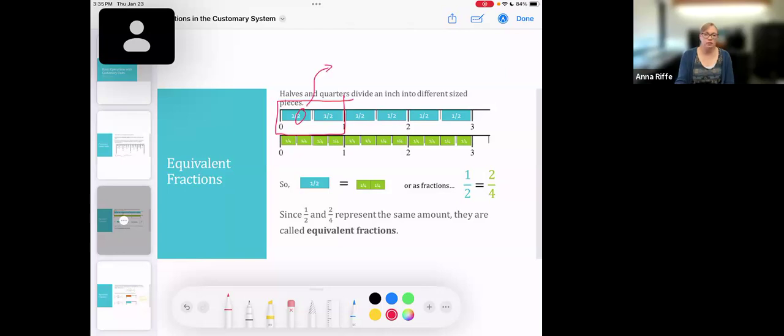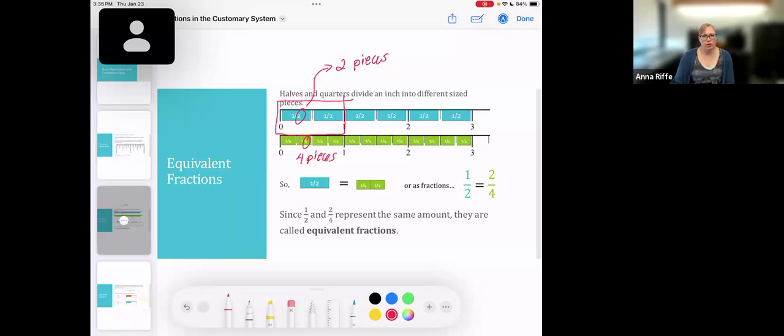This denominator tells us that the one whole was broken into 2 pieces, 2 pieces, each having a length of 1/2. Similarly, if I break an inch into 4 pieces, the denominator of the fraction that I use to represent the length of each piece is 4. So I've divided the inch into pieces of 1/4 each. So it's 4 pieces that I've divided the inch into.